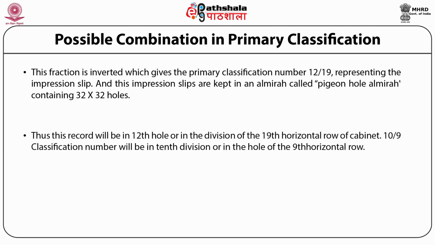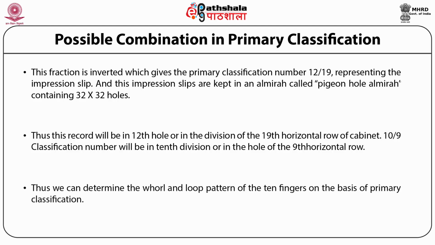Thus, this record will be in the 12th hole or in the division of 19th horizontal row of cabinet. 10 divided by 9 classification number will be in 10th division or in the hole of the 9th horizontal row. Thus, we can determine the whorl and loop pattern of 10 fingers on the basis of primary classification.